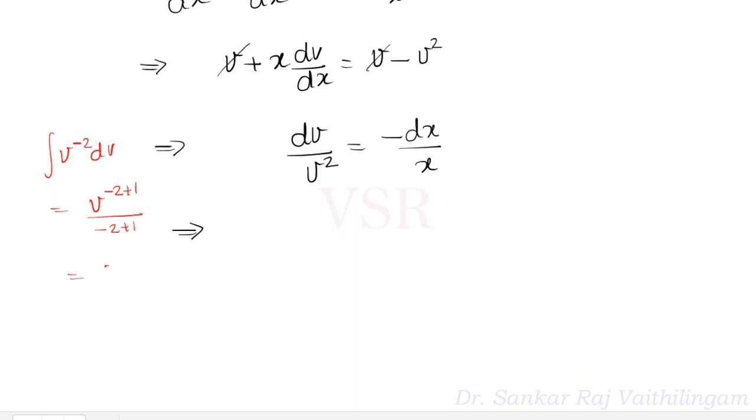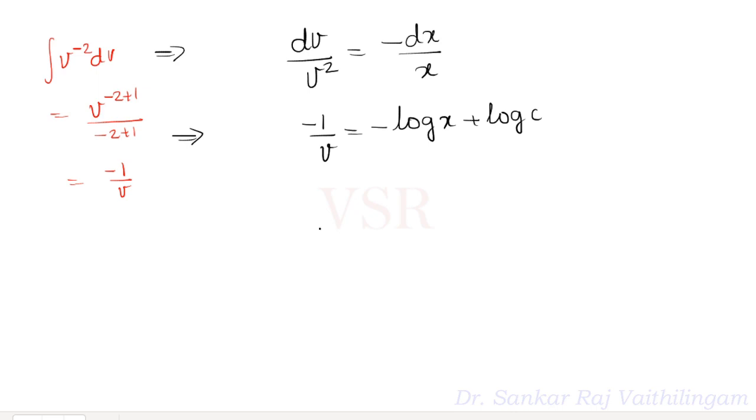minus 1 divided by v. Okay. அப்போ எனக்கு this is equal to minus 1 by v okay, which is equal to minus log x plus log c. இப்படி கிடைச்சிருக்கு. Okay.